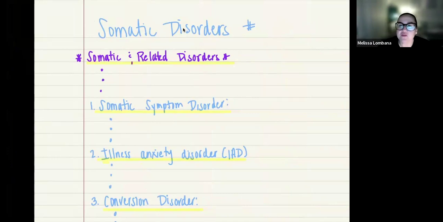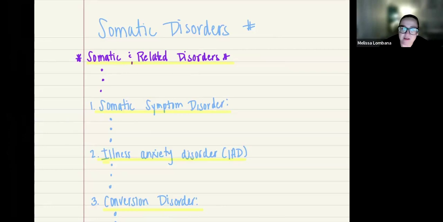So, somatic disorders and what exactly are they? Somatic is any type of physical disorder caused by psychological stress. So somatic is like if you're sick or feeling sick, even though it may not be a real illness, okay?